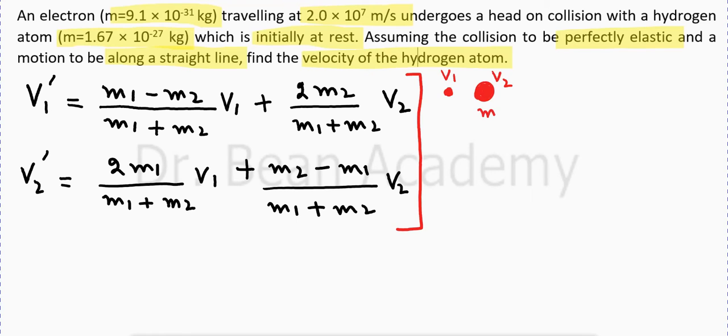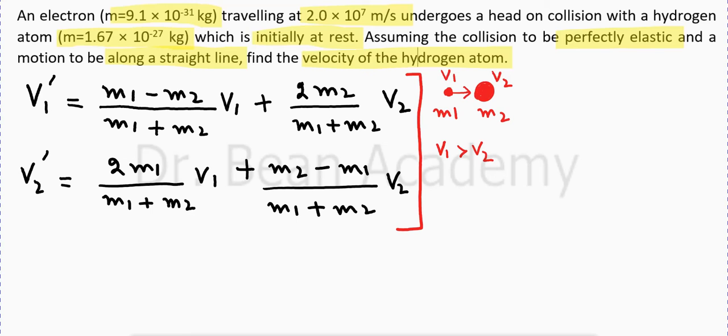Let's assume that this is mass m2, this is mass m1, the smaller one is the electron and the larger one is hydrogen, and we assume that v1 is greater than v2. In fact the hydrogen atom is at rest, so v2 is actually 0. Anyway, v1 is greater than v2 in this case, and then mass m1 will hit mass m2 after some time.